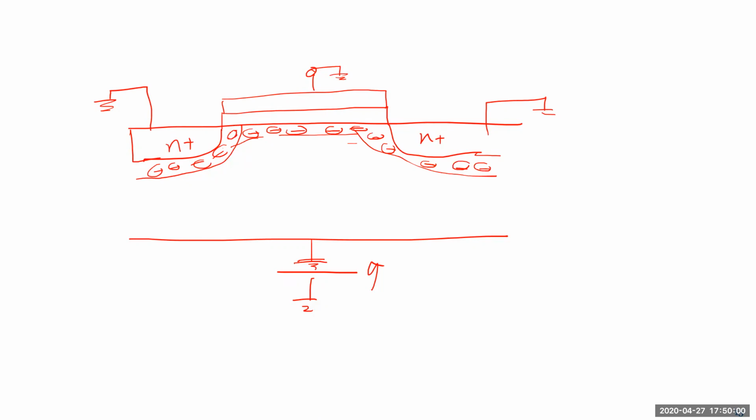The thing is that this surface potential now is because of the band bending of the PN junction, not because of the gate. And the surface potential which has come here is actually lower, not higher. You have to draw the band diagram, but I don't know if I can draw that right now.